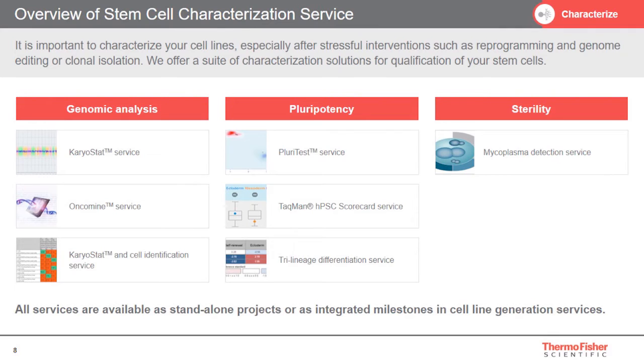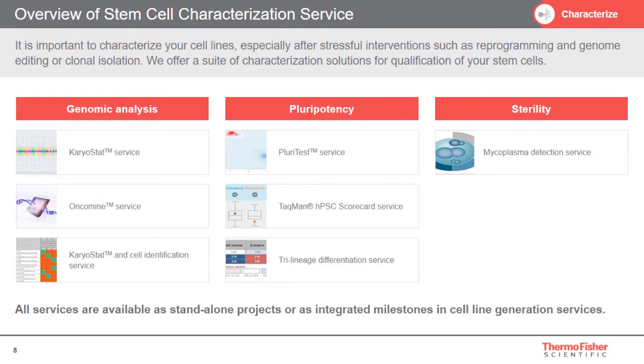This service can be coupled with our cell identification service seen on the bottom left to ensure that the cell lines going initially into our pipeline are the same ones that our customers are getting back. The second service that assesses genomic stability is our Oncomine service, and this is a next-generation sequencing-based service designed for monitoring genomic variations associated with select known cancer hotspots in pluripotent stem cells.